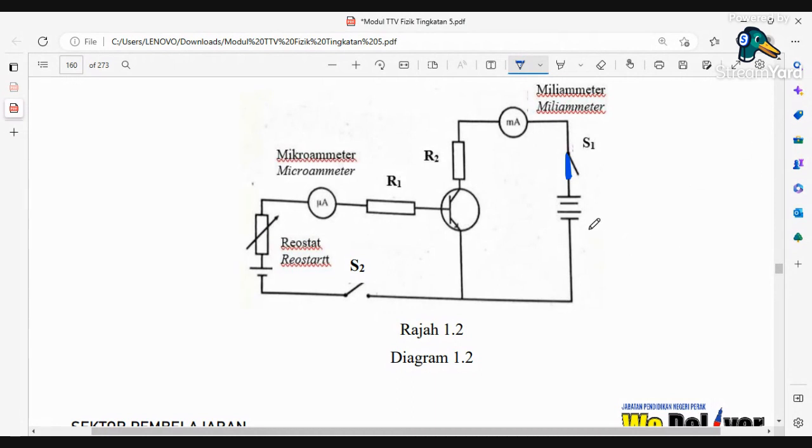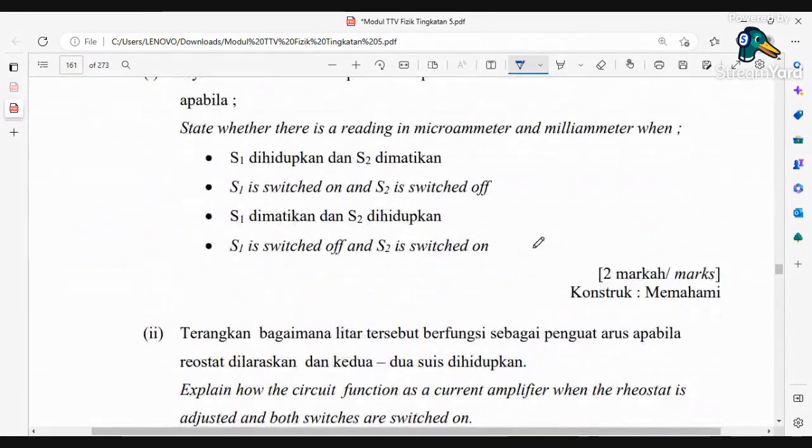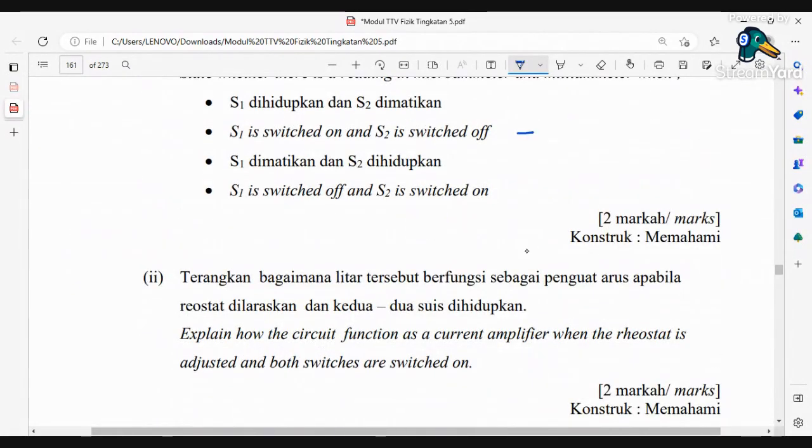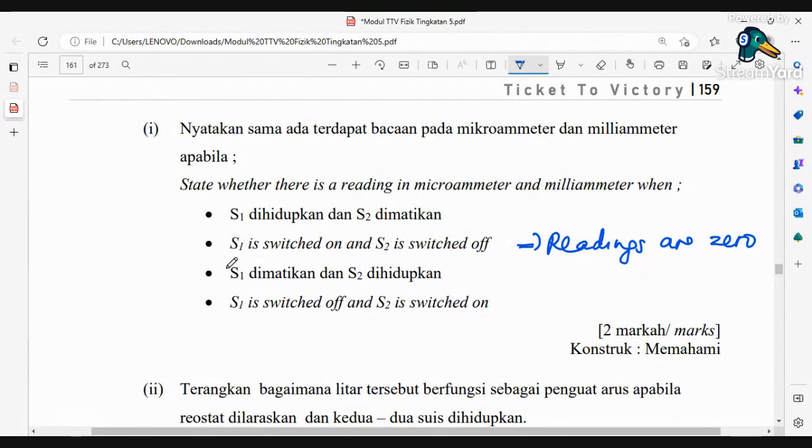Okay, no. Tak ada bacaan. Microammeter, milliammeter, okay, no reading because base circuit is off, transistor is always off.